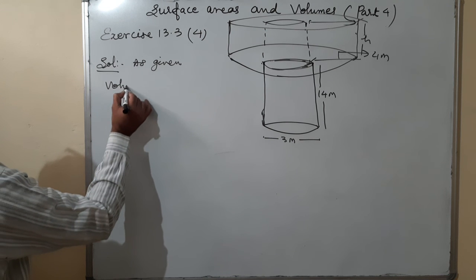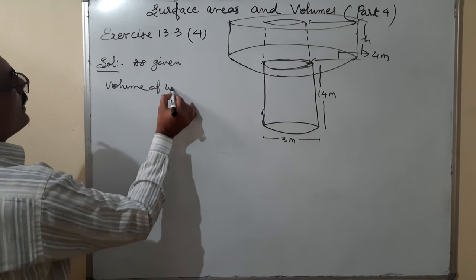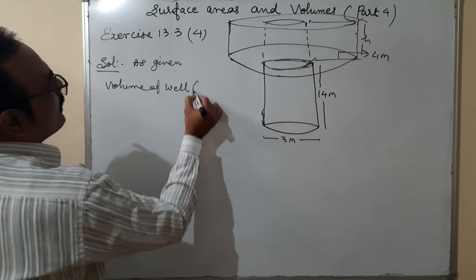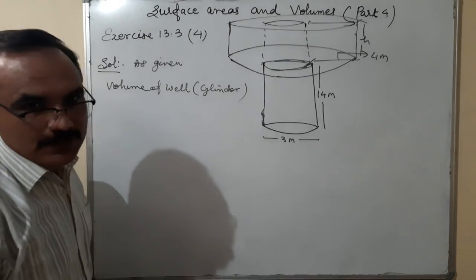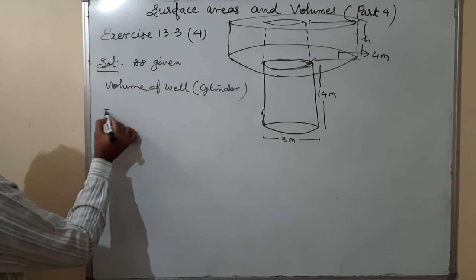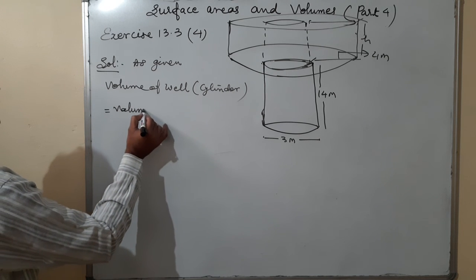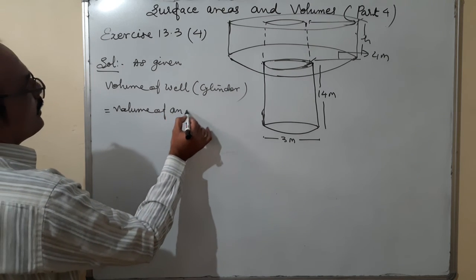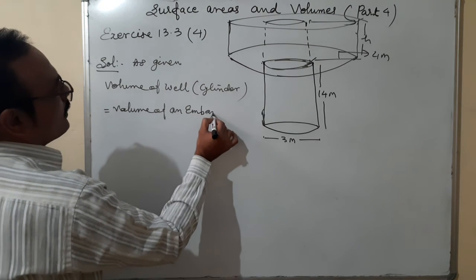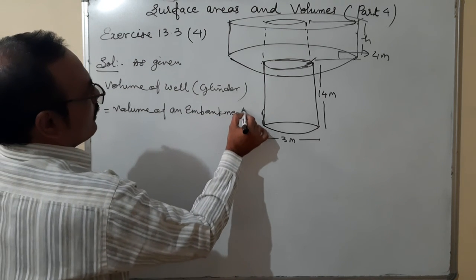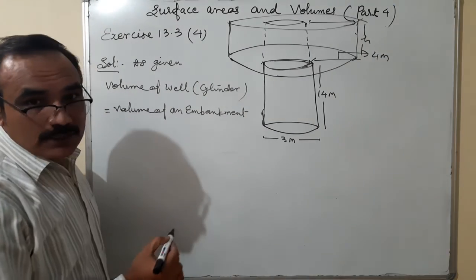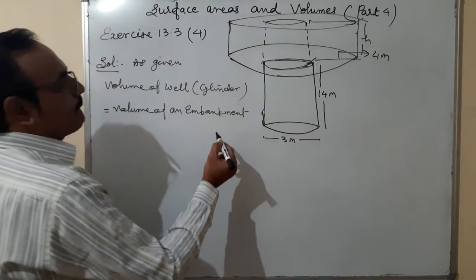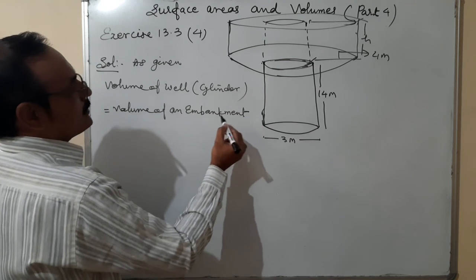Volume of well, or cylinder, because the well is in the shape of a cylinder. So volume of well is equal to volume of an embankment. Embankment, what does it mean? It is a hollow cylinder, or ring.